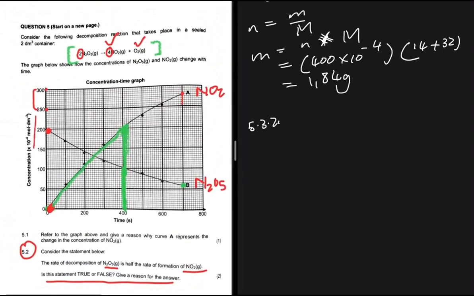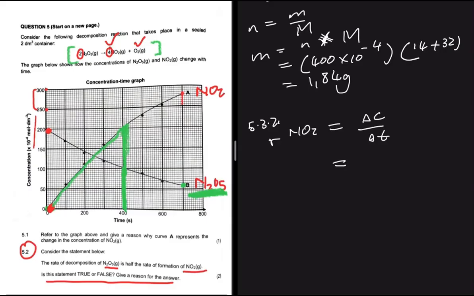So to make our life easy, let's find the rate of production of NO2 and use the balancing coefficients to find the rate of production of O2. We can also use the rate of decomposition of N2O5, one between the two. If we use the rate of production of NO2, we're going to find the change in the concentration divided by the change in time.